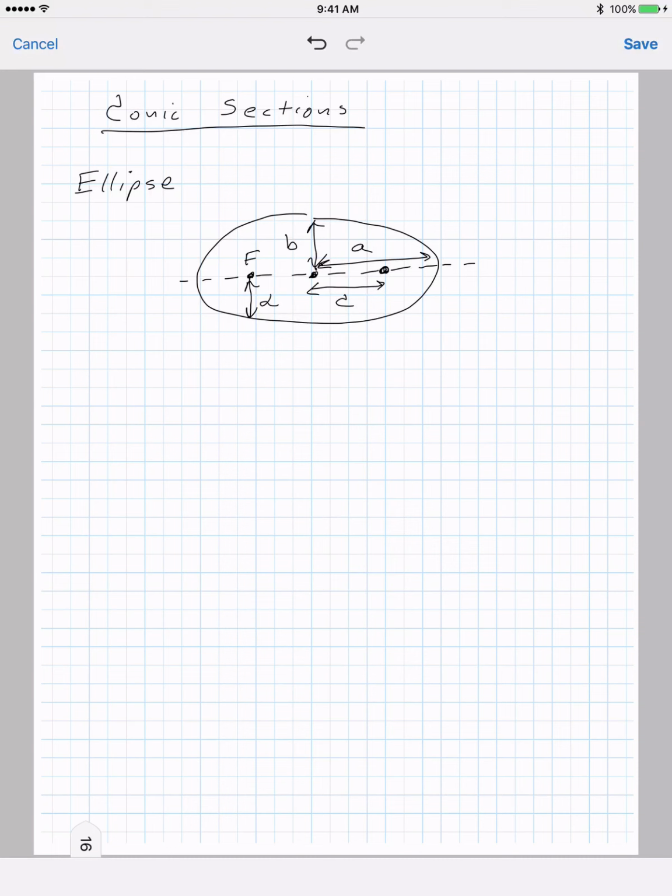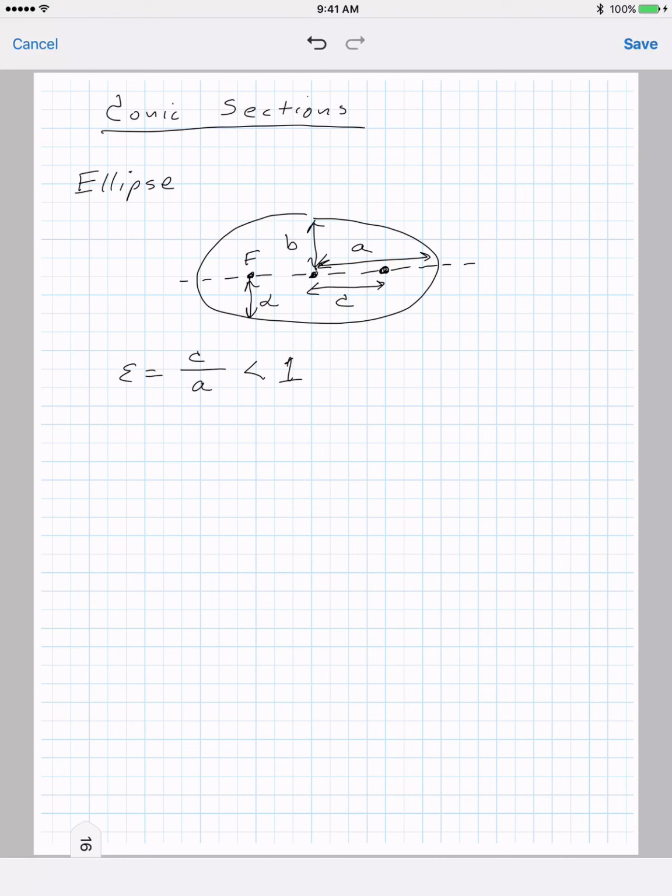I'm also going to define epsilon, which is known as the eccentricity. That's the distance c, from the center to one of the focal points, divided by the semi-major axis. For an ellipse, the eccentricity is less than 1.